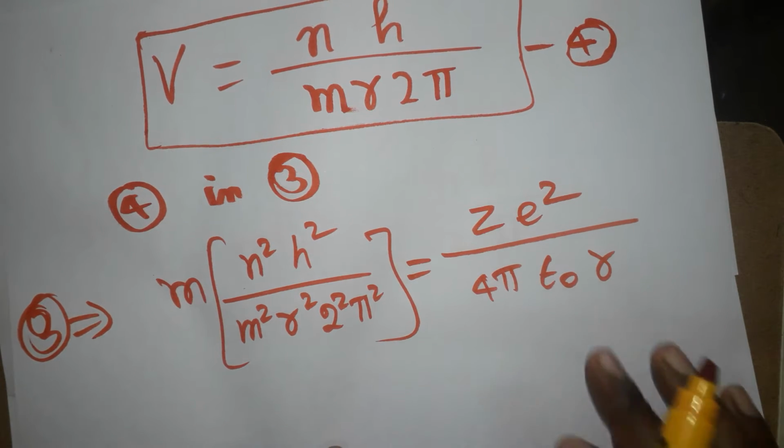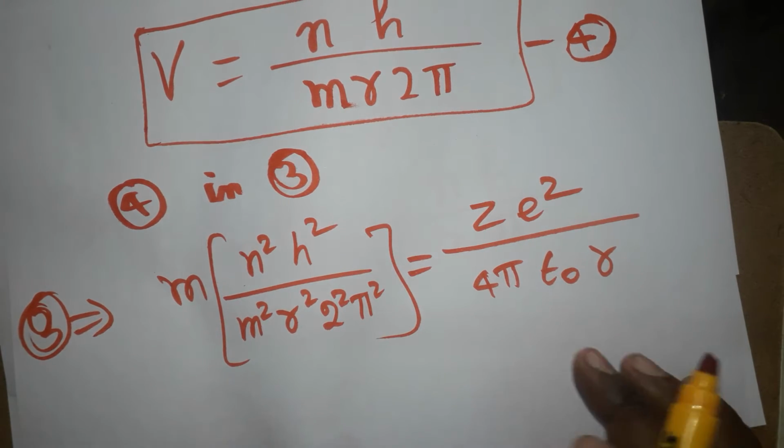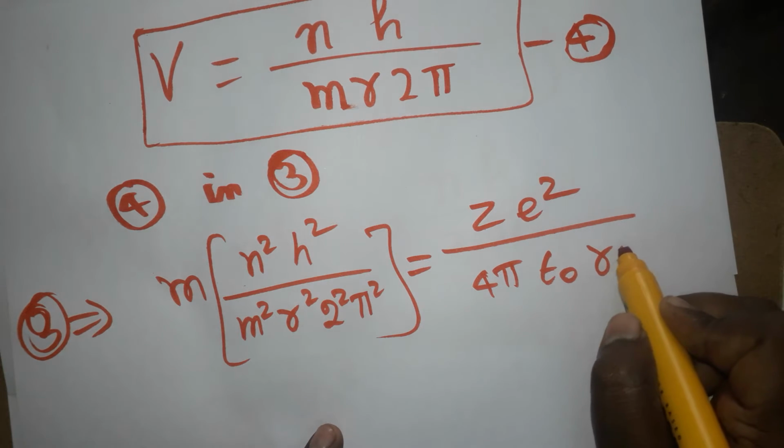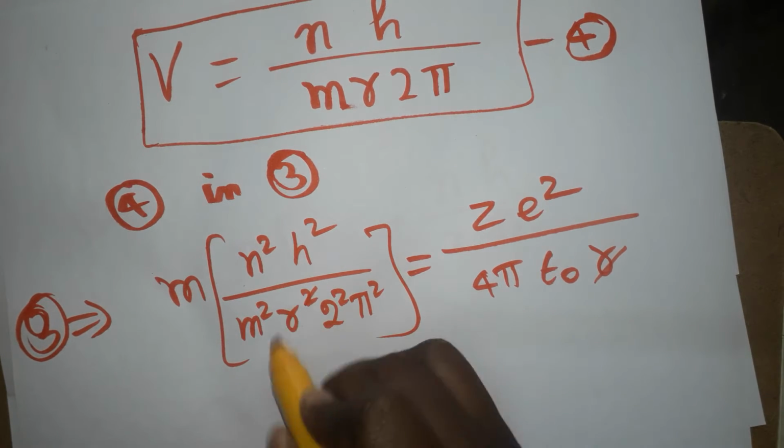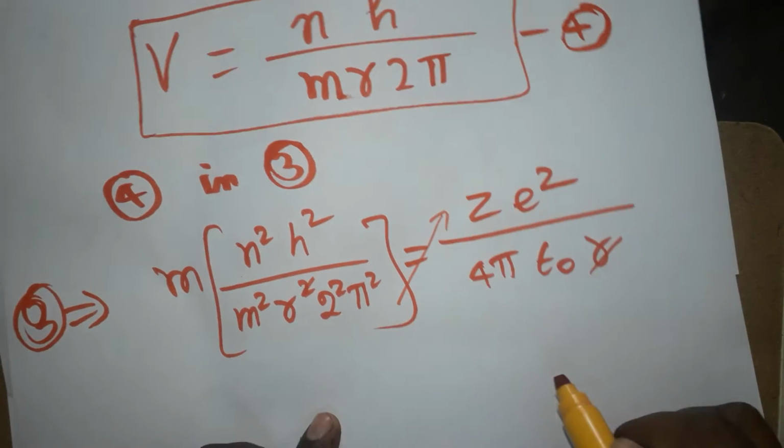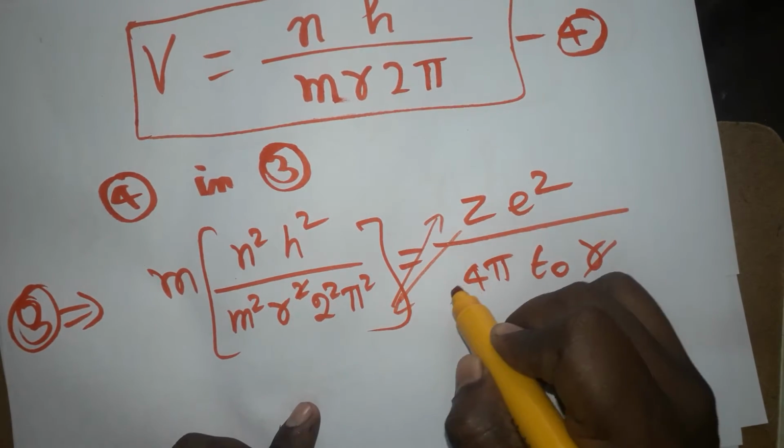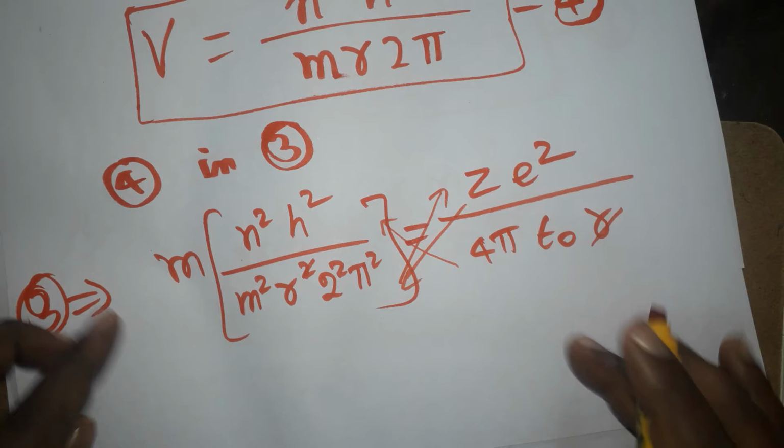That's it. Now I want the radius. So one radius cancels, only one radius will be there. That I am bringing to this side. This I am bringing as a denominator and this as a numerator, just a cross multiplication.